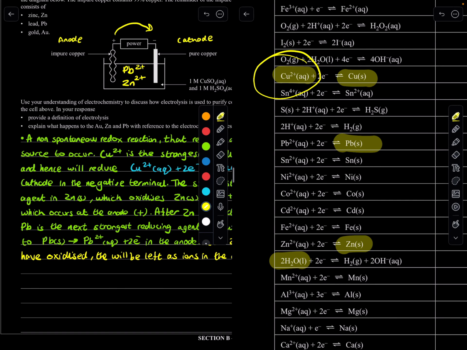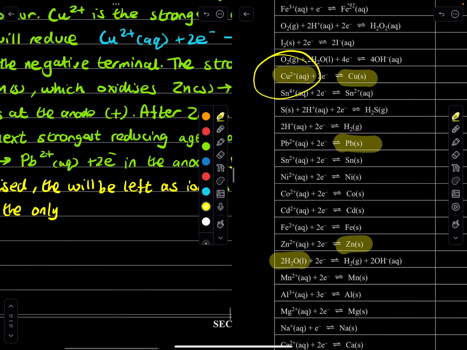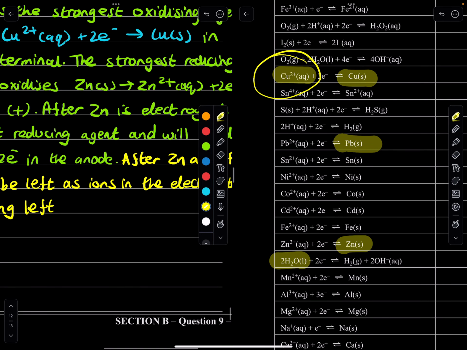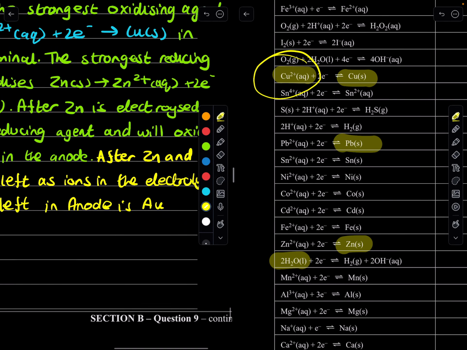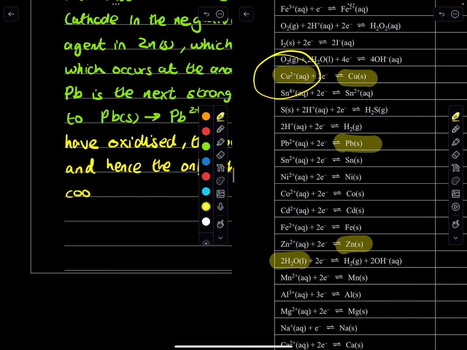They've electrolyzed, and hence the only thing left in the anode is Au and copper. Beautiful.